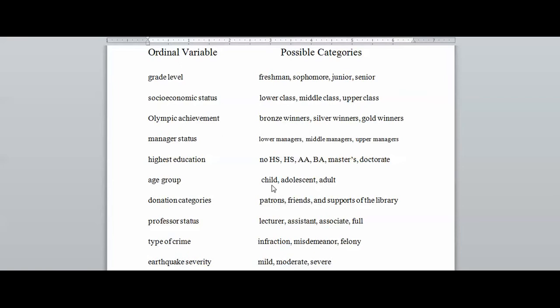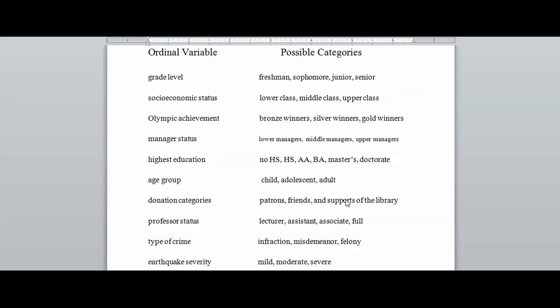A person, in this case, wouldn't have to start as a patron and then move up to a friend and then move up to a supporter. A person could donate $250 and become a friend right away, or a person could donate $400 and become a supporter right away.